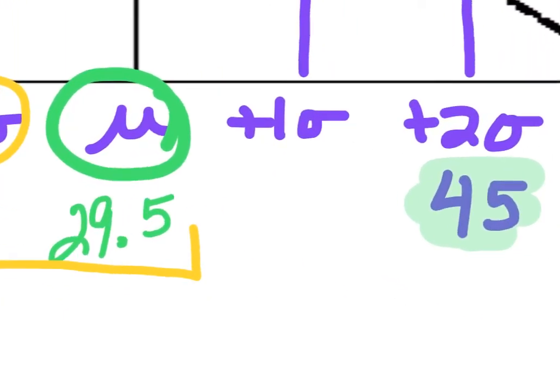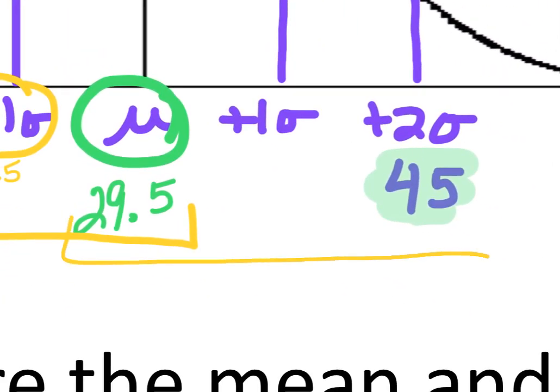And if you wanted to, you could do these two numbers, exactly the same thing, 29.5 plus 45 divided by 2, and that would give you 37.25.